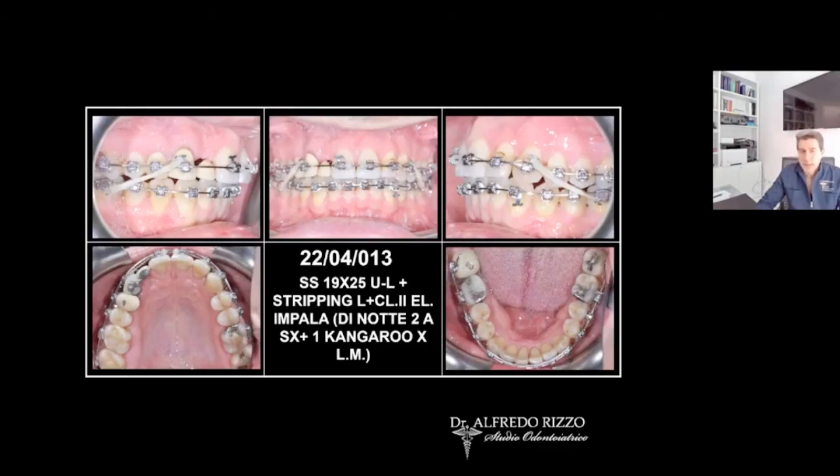This is April 2013. We see stainless steel arch wires 19/25 because we just do some minor bite and occlusal contact correction with everything else being uprighted and aligned. We have class 2 elastics, Impala, with a diagonal elastic for the night in order to correct the midline.